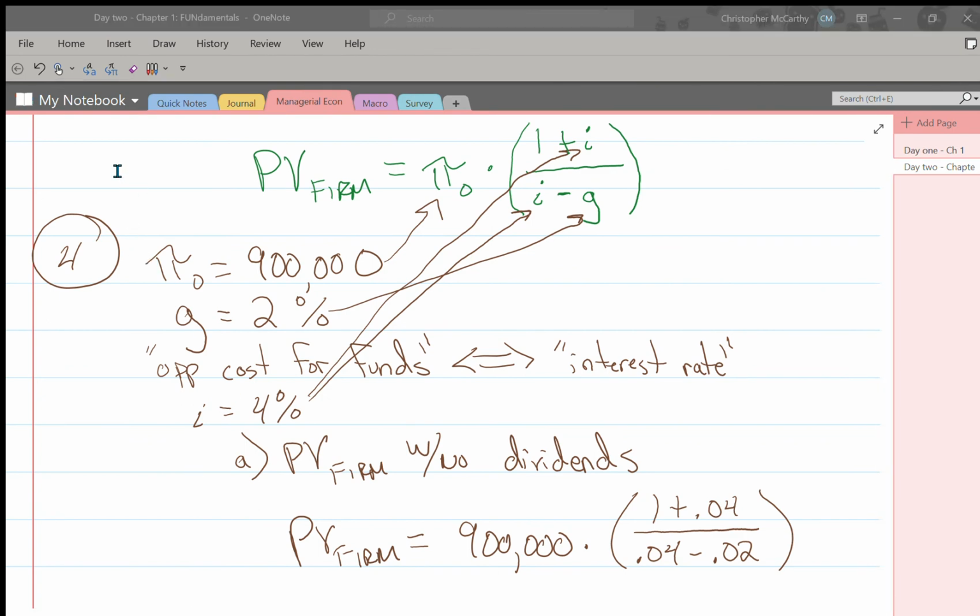Let's just get rid of everything. 1 plus... oh, that's right, we should do double parentheses. Divided by 0.04 minus 0.02. And so we end up with $46.8 million.